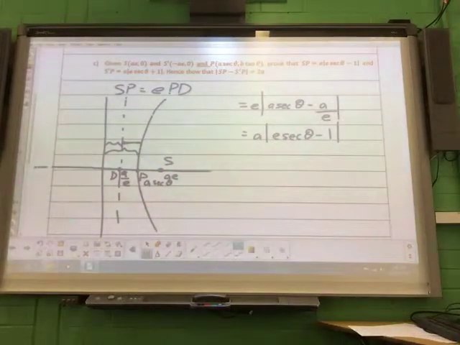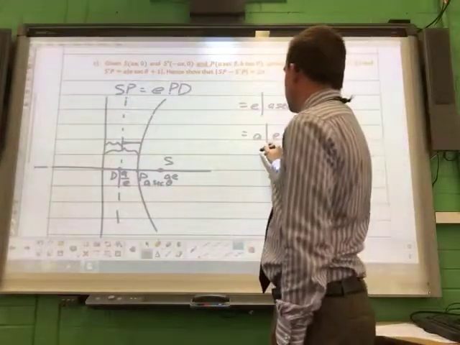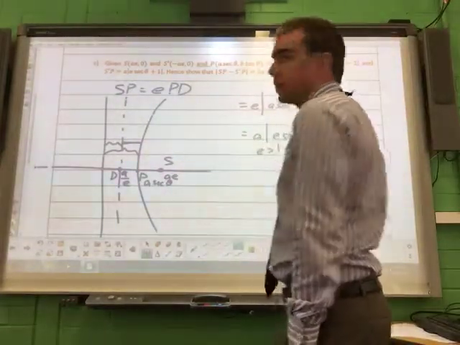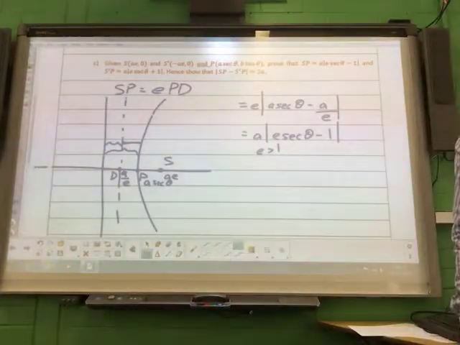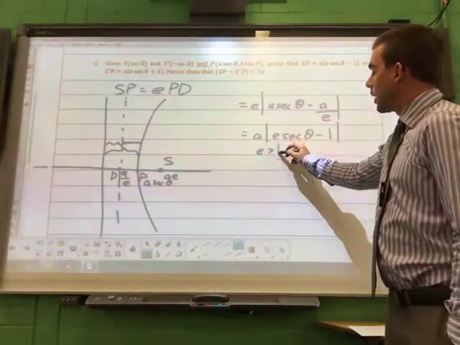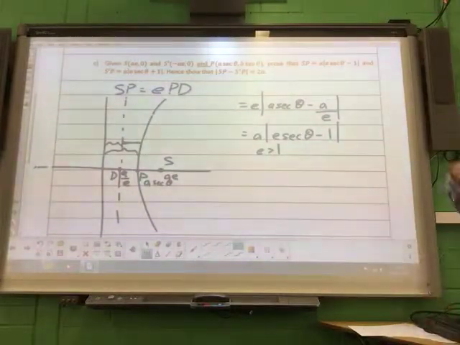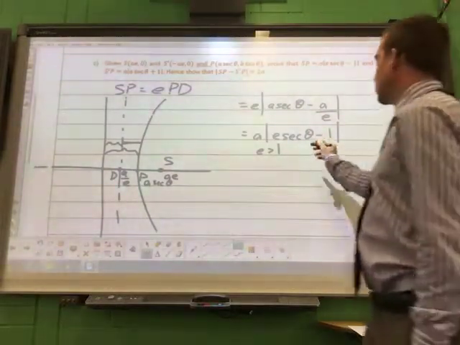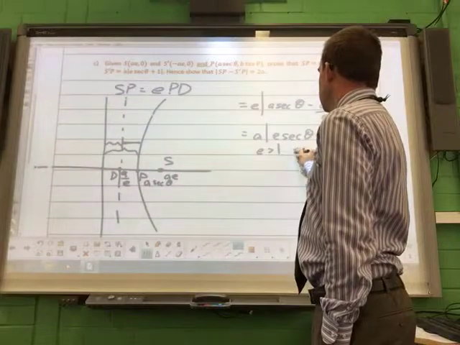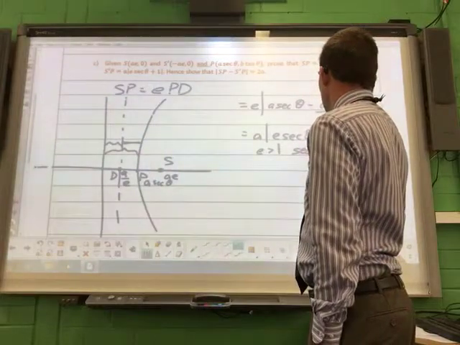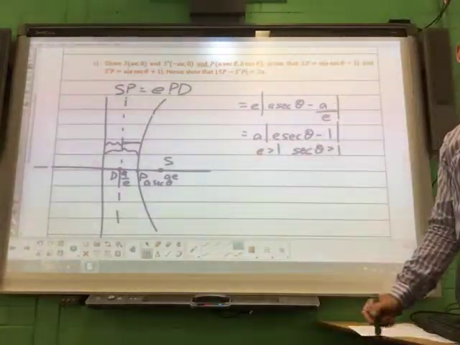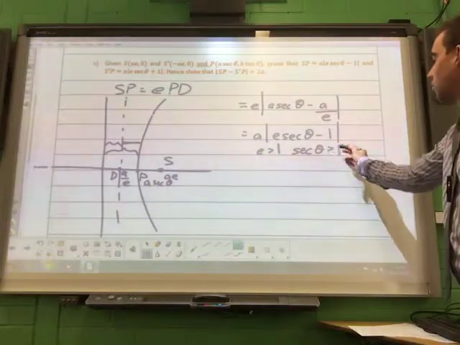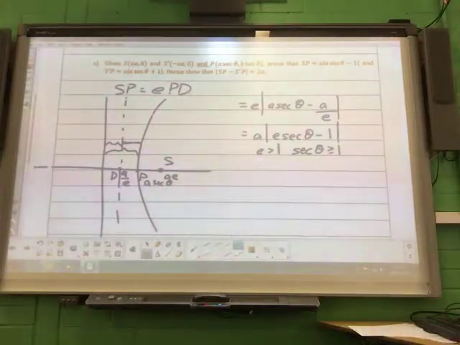Then we need to check these conditions. For the definition of the hyperbola, the eccentricity is greater than 1. For sec theta, which is the reciprocal of cos theta, cos theta is greater than 0 and less than or equal to 1, so sec theta will be greater than or equal to 1.